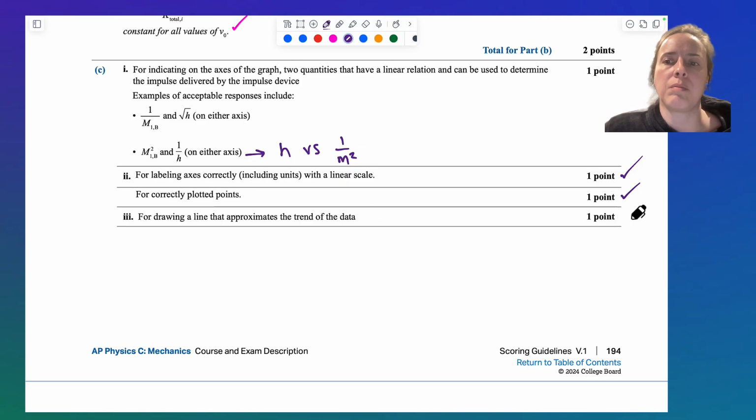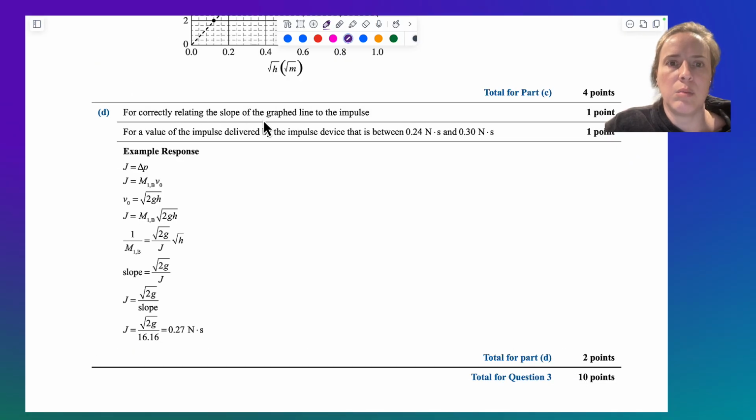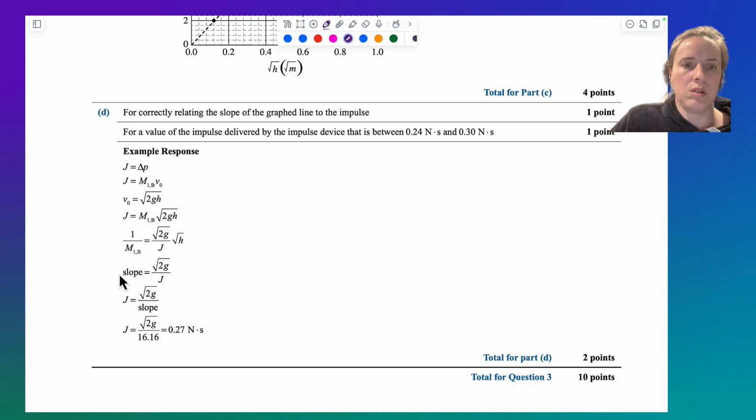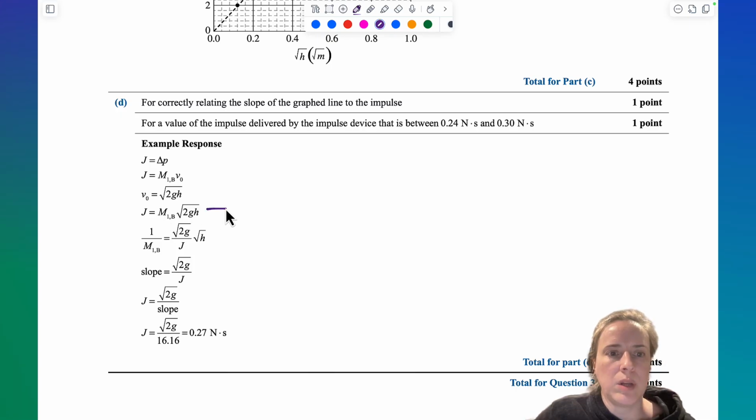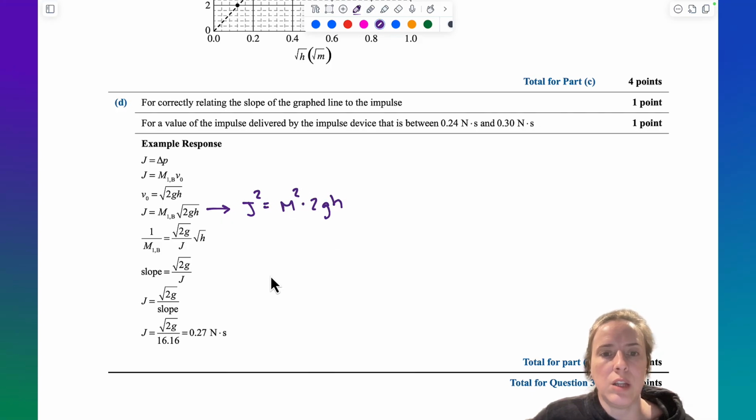Drawing a line of best fit, check. For correctly relating the slope of the graphed line to the impulse, what your slope is going to be depends on what you chose for your graph. We got to the same place. If we squared both sides, m squared times 2gh, and rearranged it to get h by itself, that's the same thing.